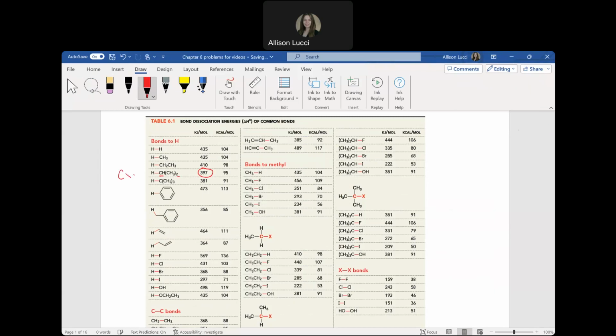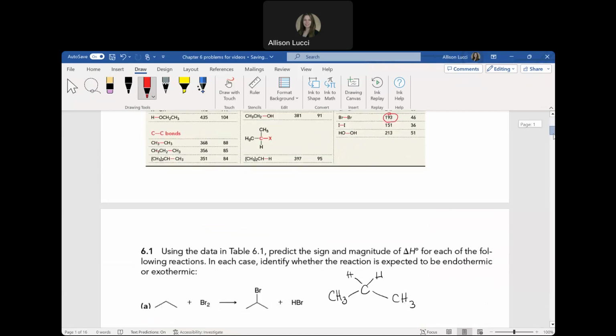So CH3, CH3, and then the two hydrogens. So this is the value that we're going to use for our CH bond that's breaking. And then our bromine-bromine bond will be down here. That will be 193.